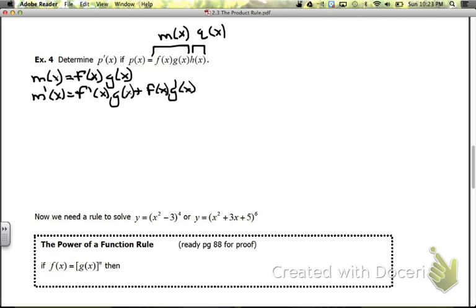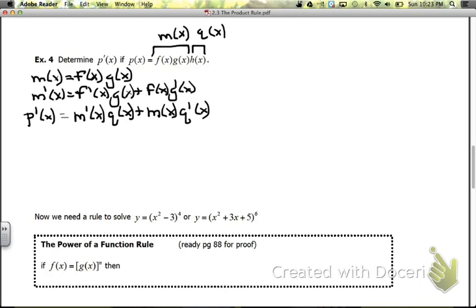So now let's look at our p prime of x. If we are looking at our p prime of x in terms of m of x and q of x, that is just going to be equal to m prime of x times q of x plus m of x times q prime of x.